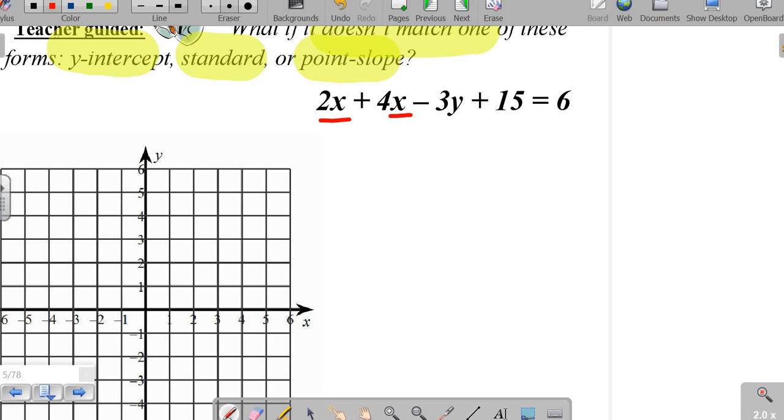We're going to start by collecting like terms. Our goal is to get y by itself.